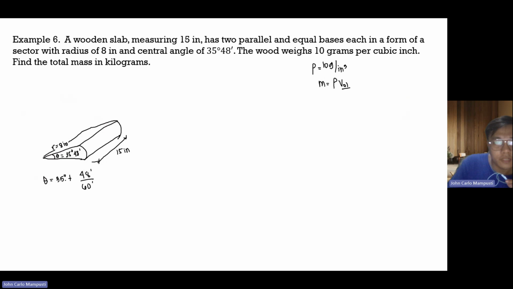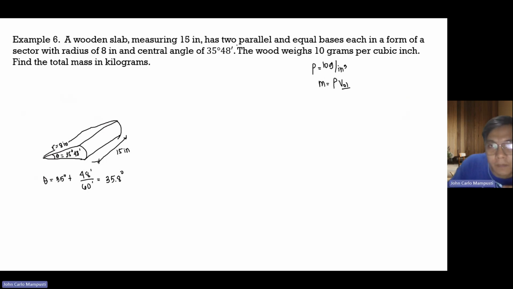This is equal to 35 degree plus 48 minute over 60. Ganun lang yung i-input nyo para maging degrees na siya. So 35 plus 48 over 60. So actually this is equal to 35.8 degrees. Ganun lang, no?